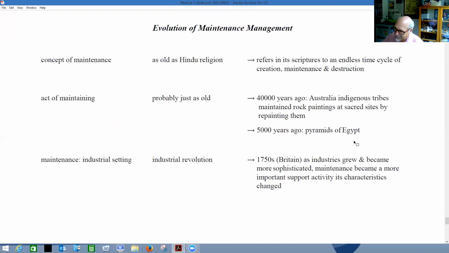The act of maintaining, probably just as old, so 40,000 years ago, when we look at the Australian Indigenous people and their rock paintings and things like that, well, they maintained them. They went back to those sacred sites and repainted them and touched them up. 5,000 years ago, yes, even at the pyramids, there were maintenance managers wandering around checking on stuff.